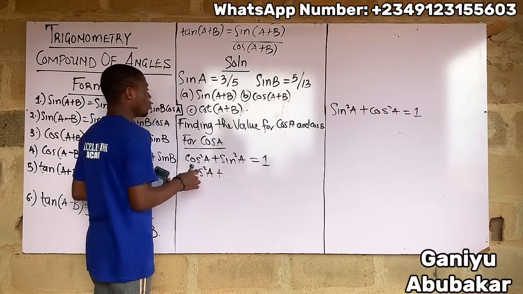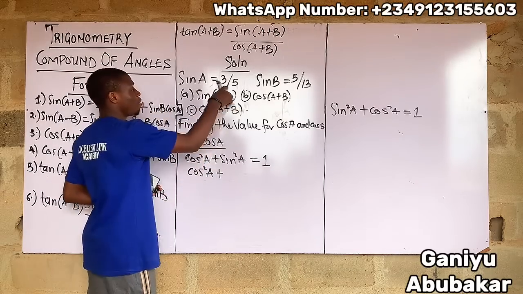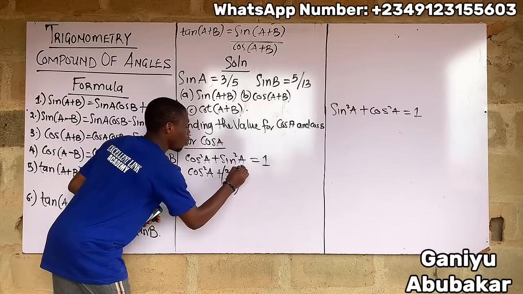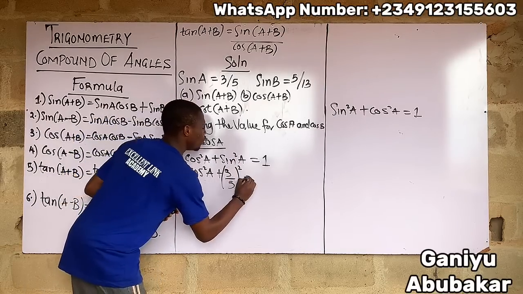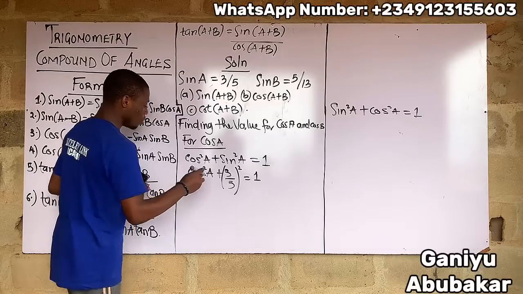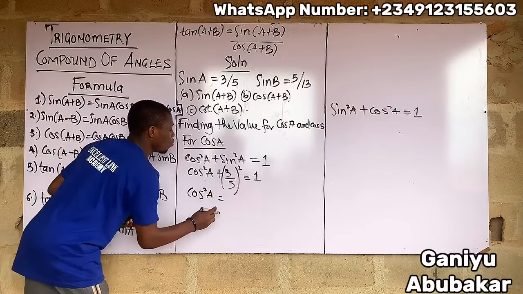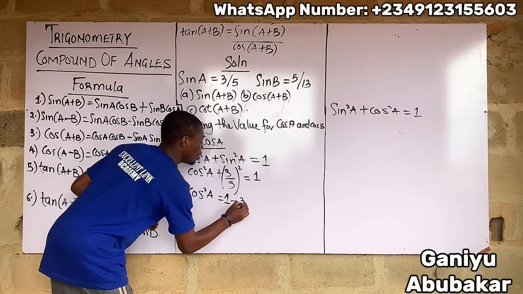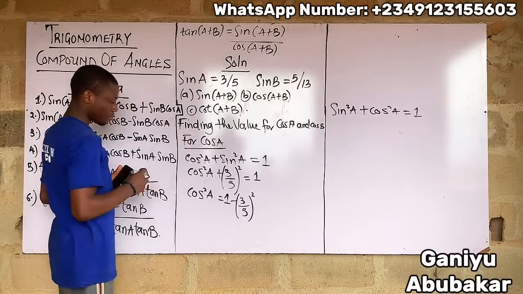Sine A is 3 over 5, all squared, is equal to 1. From here, I'll have that cos squared A is equal to 1 minus 3 over 5, all squared.